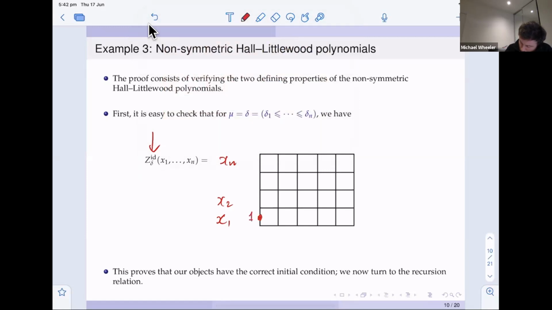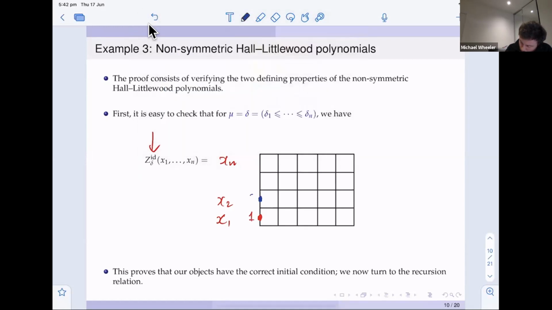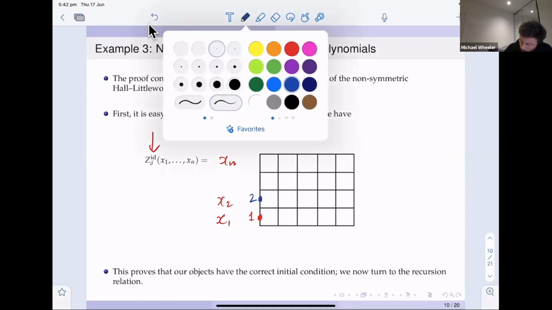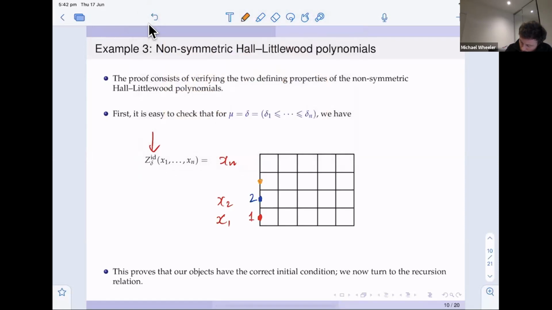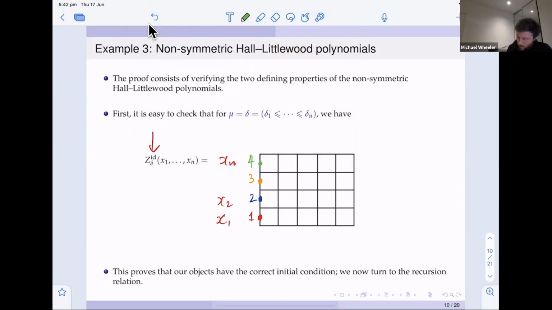So this will be a 1. This will be a 2. This will be a 3, and the last one will be a 4. And we're dealing with an anti-dominant composition.